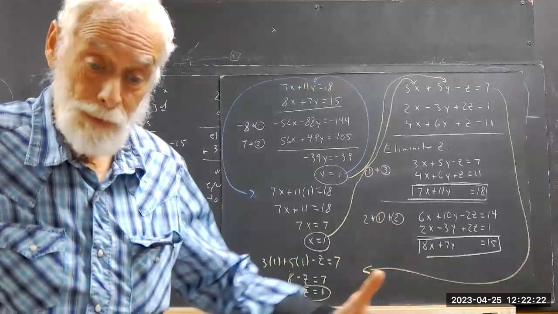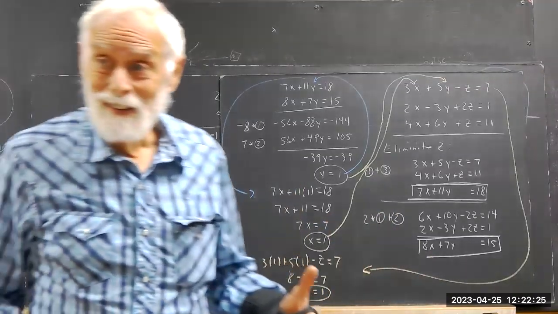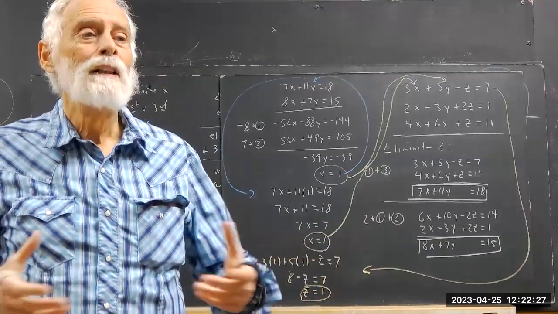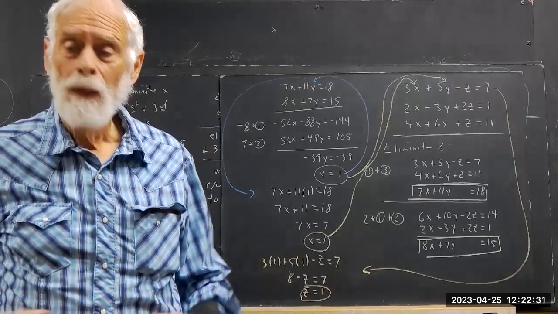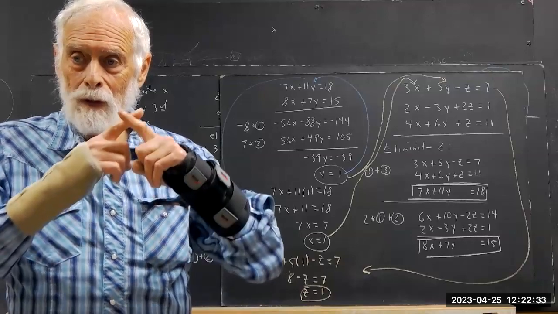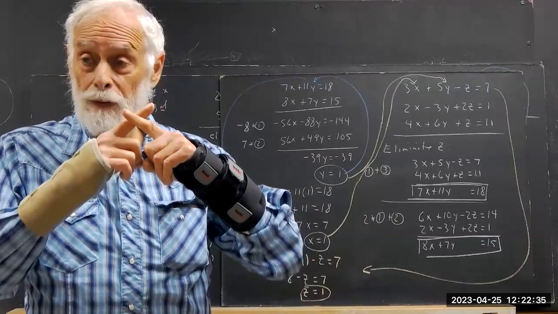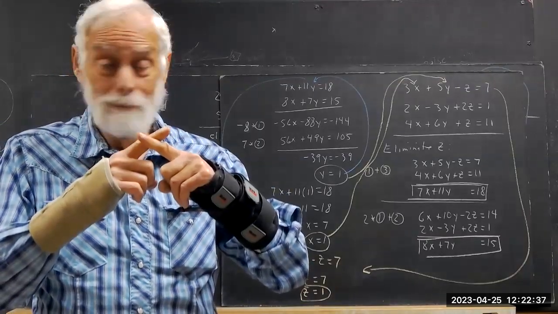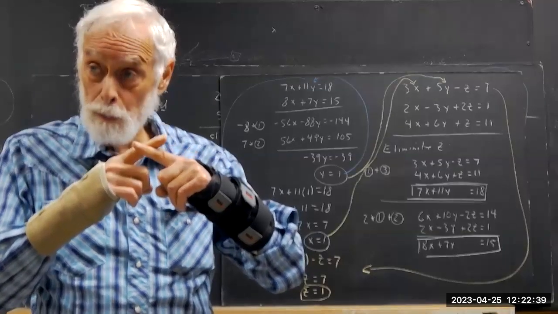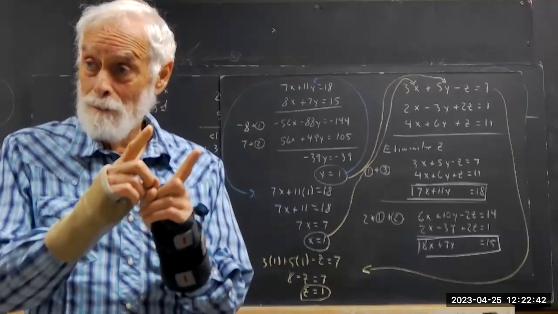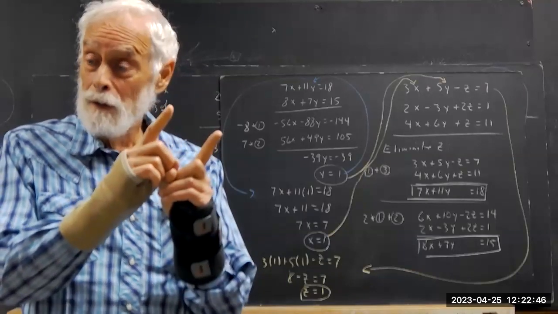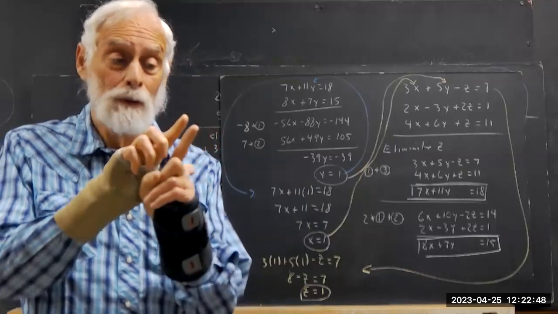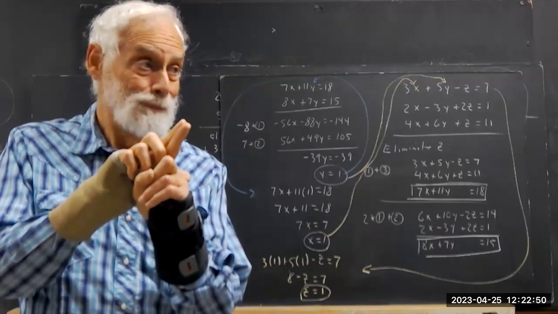Okay, question came up. Somebody's been paying good attention. Can you have a situation where you have no solution, or an infinite number of solutions? Okay, go back to lines. You have two lines, don't have the same slope, they have to intersect. If they have the same slope, they're parallel. Now, if they're parallel, either they never intersect or they're the same.